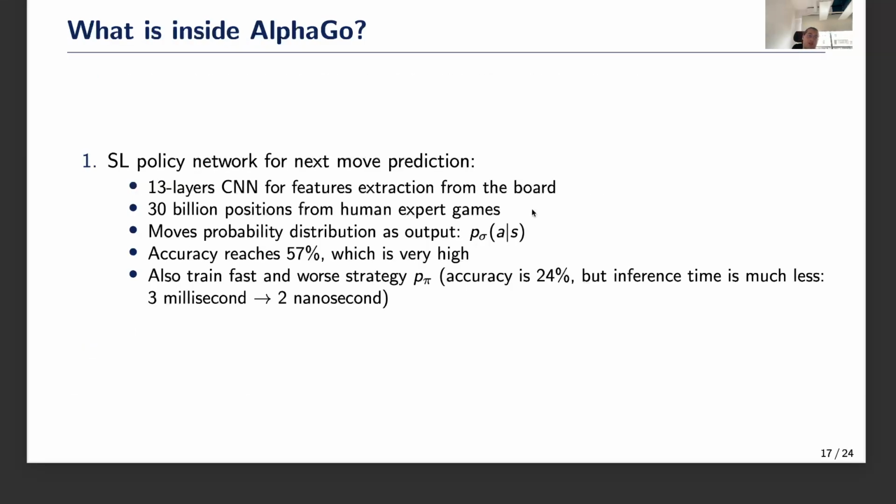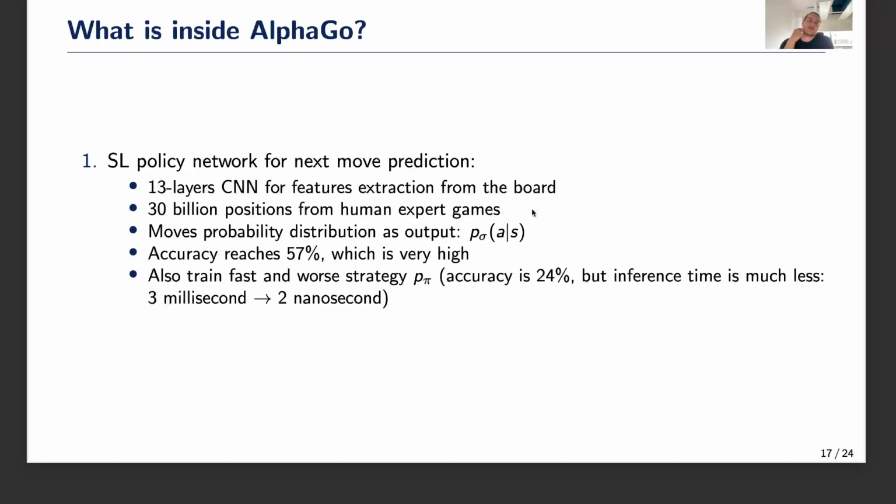But we want to know what is inside AlphaGo. There was the initial network training to imitate human play. So the SL policy, SL means supervised. The supervised learning policy network takes the current board state as input and outputs a probability distribution over all legal moves.